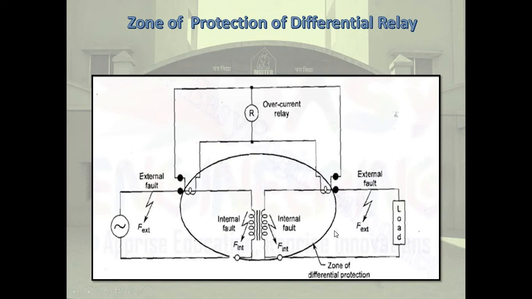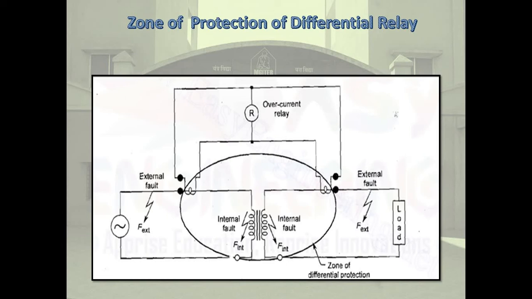When the fault is outside of the zone of protection, it is known as an external fault, and an inside fault is known as an internal fault.